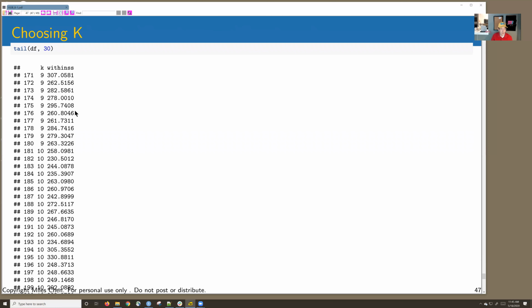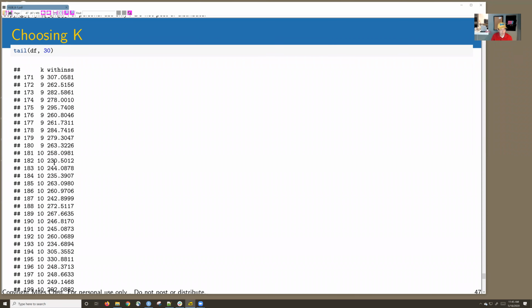When I did k equals 10 clusters, with each run I'm getting slightly different within sum of squares values. Similar, but slightly different, right? Here I got 258, here I got 230, 244, 235. Every time I run the algorithm with 10 clusters, I'm getting slightly different answers.